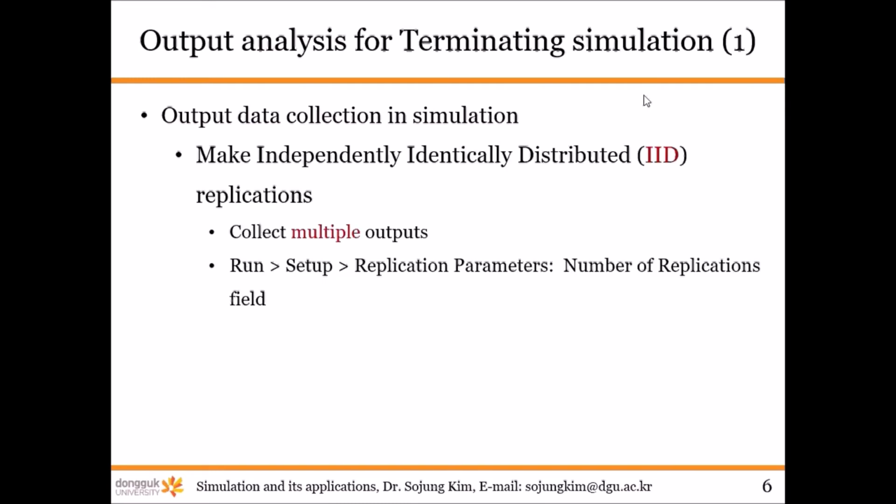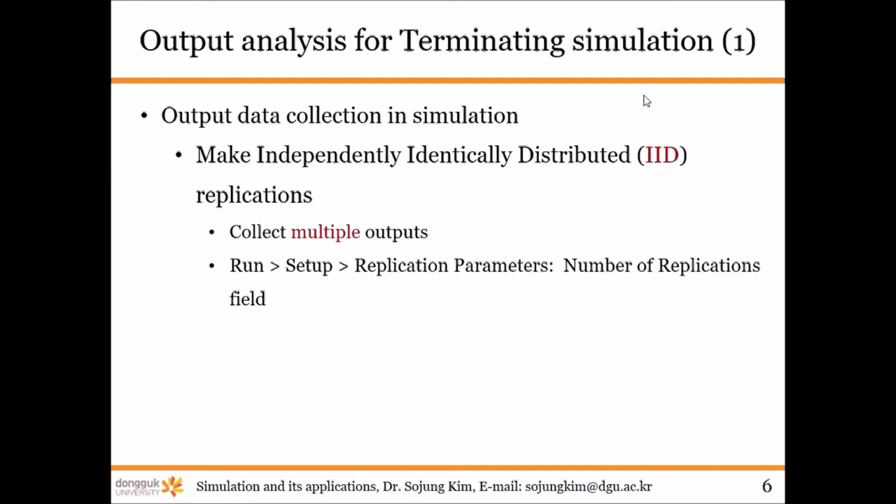So in order to collect the output data in Arena or a simulation model, you have to make IID replications, independently, identically distributed replications. To do that, you can go to the Run Setup in Arena and change the number of replications.